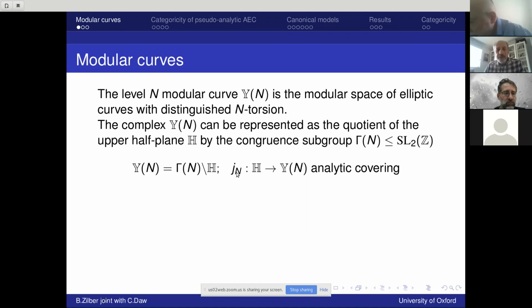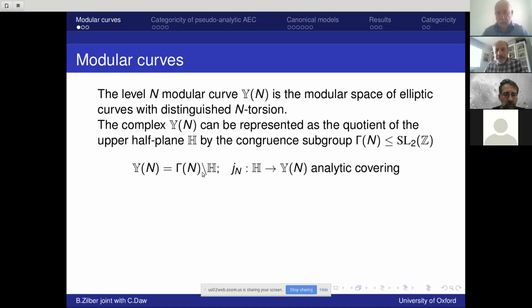And so in terms of the upper half plane, you have a Möbius action, and if you pick a certain subgroup, so gamma 1 would correspond to the whole group SL2(Z), and gamma n are modular n subgroups.